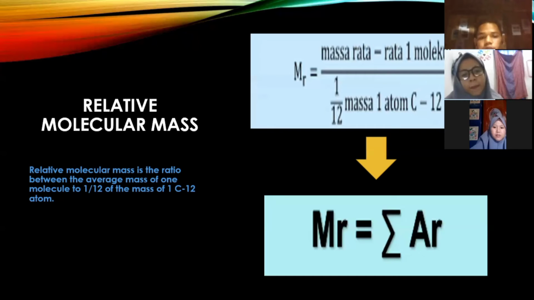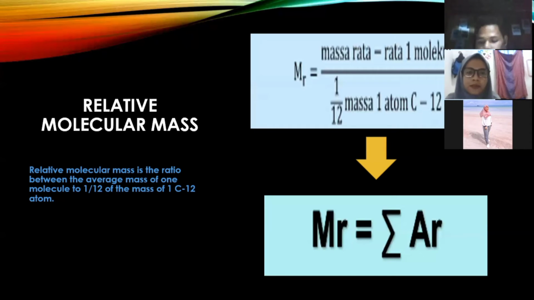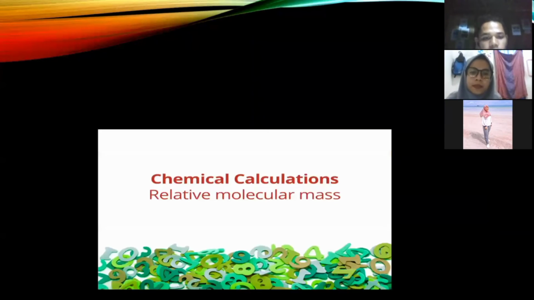For example, one molecule of Ca(OH)2 has the mass of one Ca atom, two O atoms and two H atoms. You understand? Yes, sir. Okay. Please see the video on relative atomic mass.